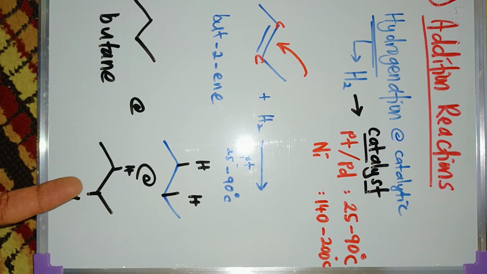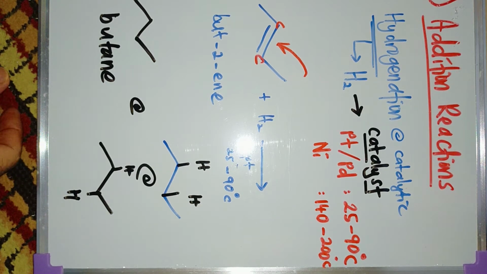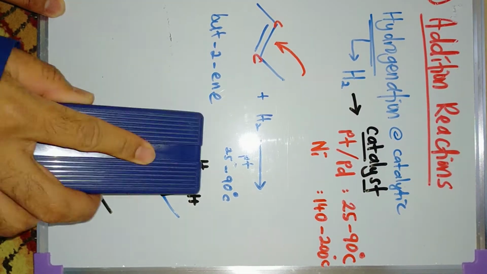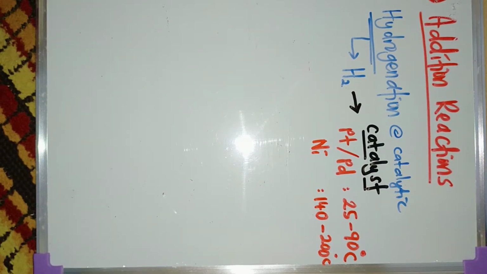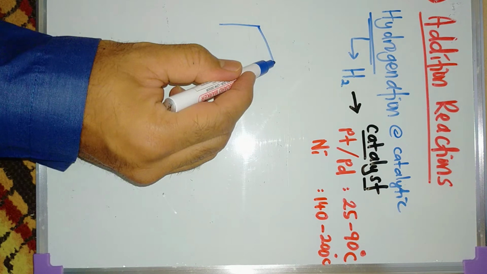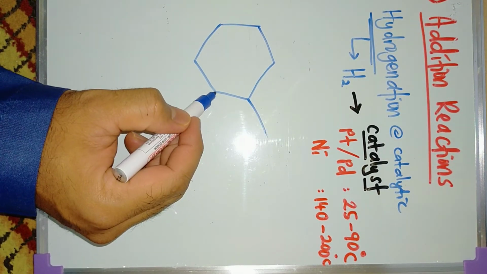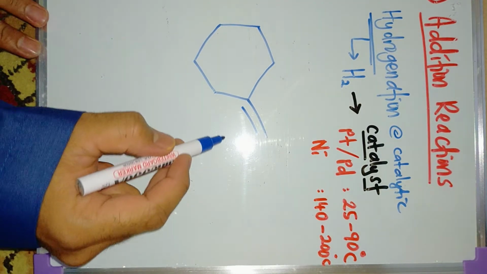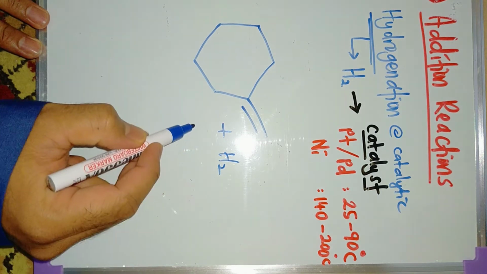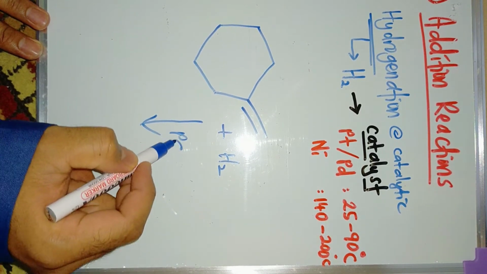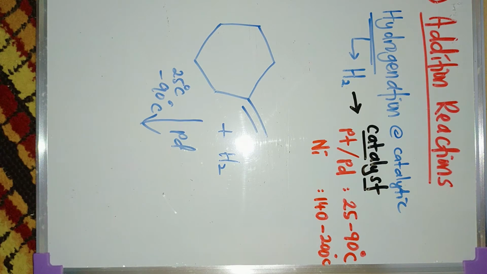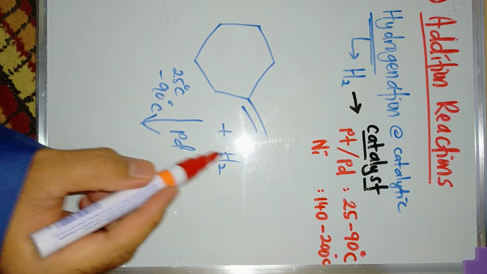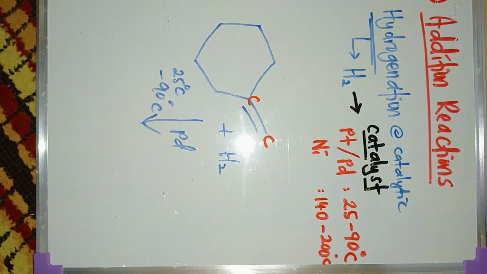So very easy, right? Addition reaction for hydrogenation. If I give another question, with a double bond there, reacting with hydrogen in the presence of palladium, temperature 25 to 90 degrees Celsius, what happens? Remember, the reaction only occurs at this carbon and this carbon, the carbon-carbon double bond.